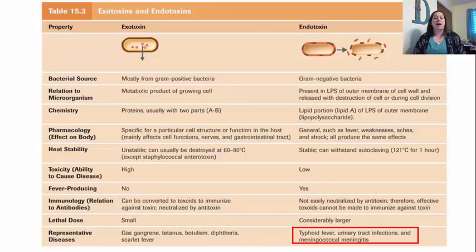So exotoxins are highly toxic, endotoxins not as much. Do they cause fever? Exotoxins do not, endotoxins do, and the list kind of goes on and on. We also see for exotoxins, it shows you the representative diseases. These are things like gas gangrene, tetanus, botulism, diphtheria, and scarlet fever. For endotoxins, these are produced that cause typhoid fever, urinary tract infections, and meningococcal meningitis.